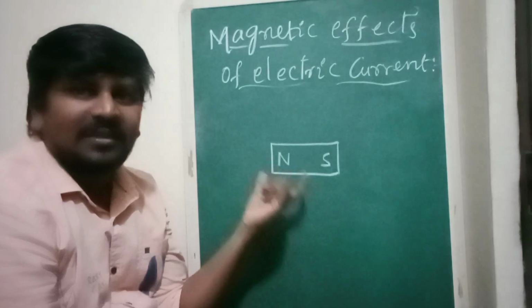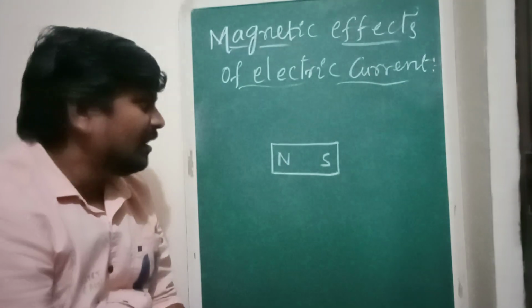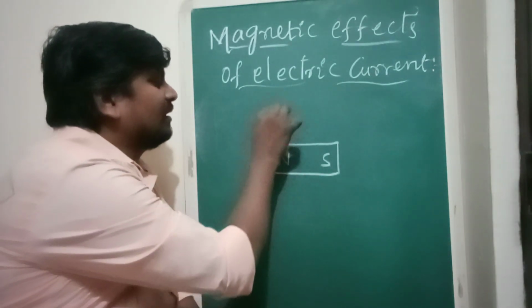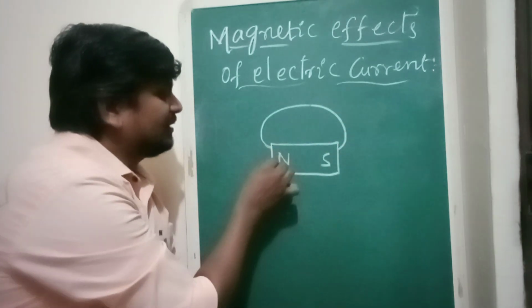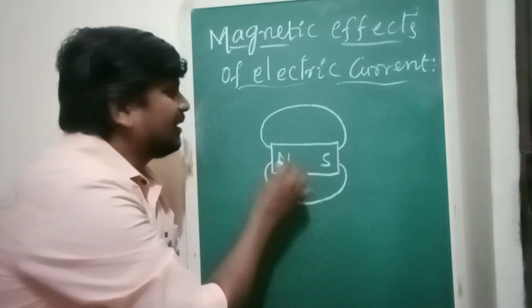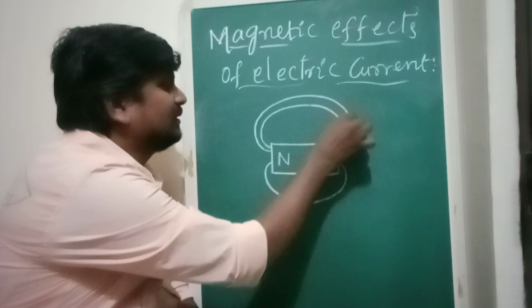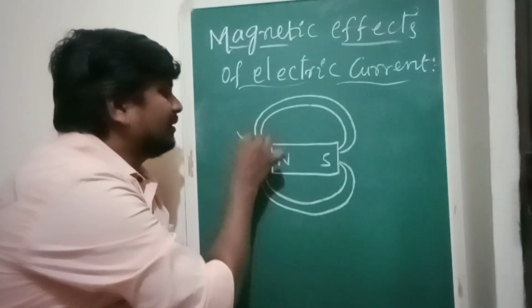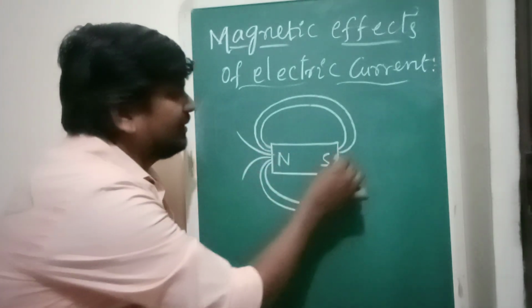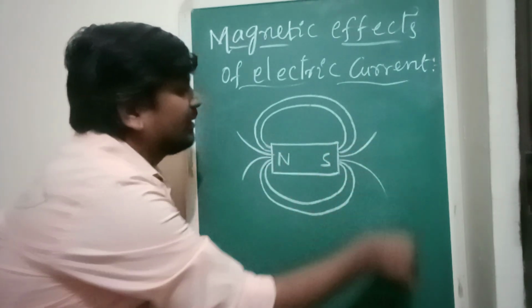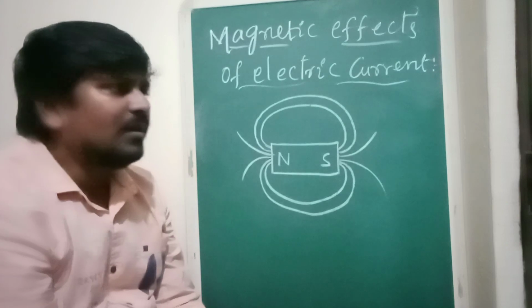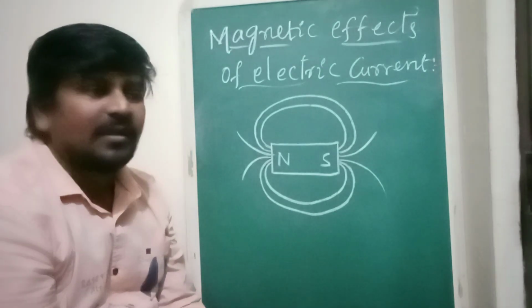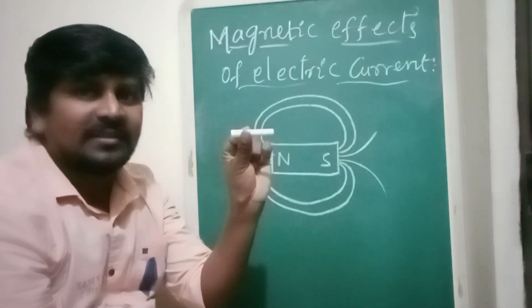So I consider a bar magnet, and here I am considering the field lines. How will the field be around the magnet?